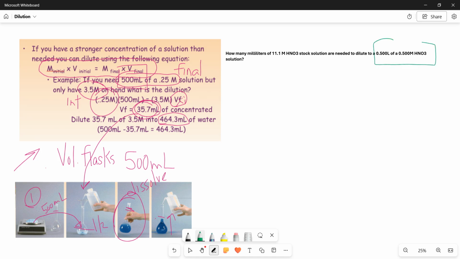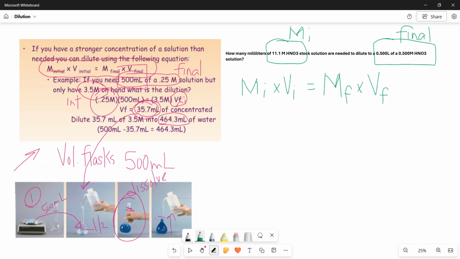So this right here is our final values. Right here is our initial concentration. So I'm going to take M initial times V initial, and set it equal to M final times V final.